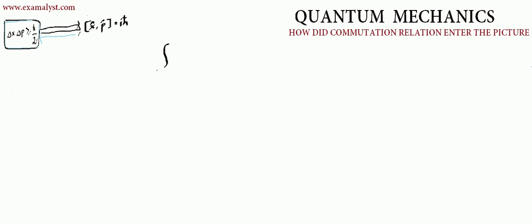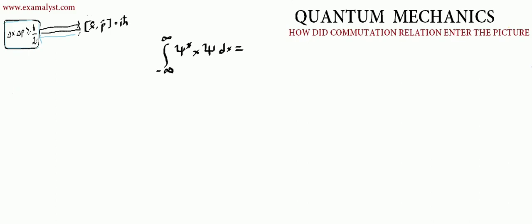So if you have an integration from minus infinity to infinity of some wave function psi, its conjugate, and say there is an operator x, and this operator x is acting on psi. You see this integral is nothing but the expectation value of x.